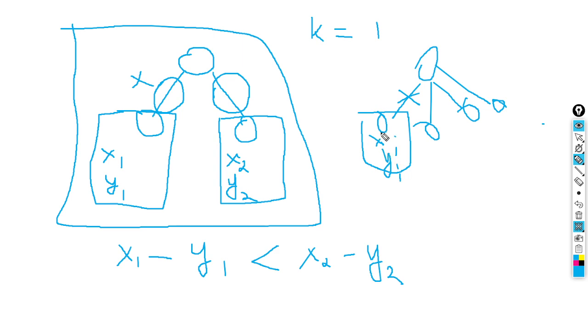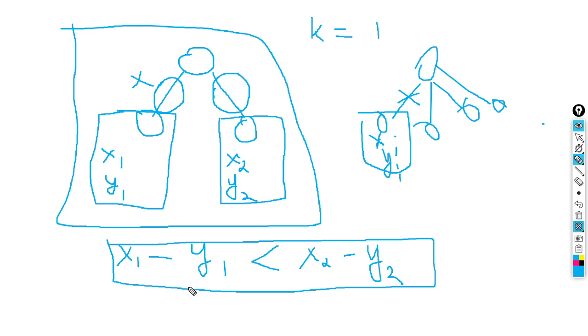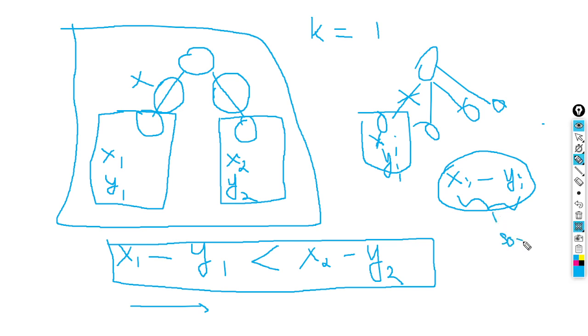If I generalize it, I'll need this kind of inequality in order to determine which edges need to be removed first among all the other children. So I will take xi minus yi for all the children, sort it based on this value, and after that, I will remove the top few values.